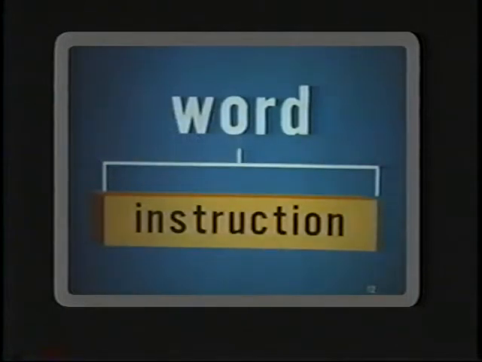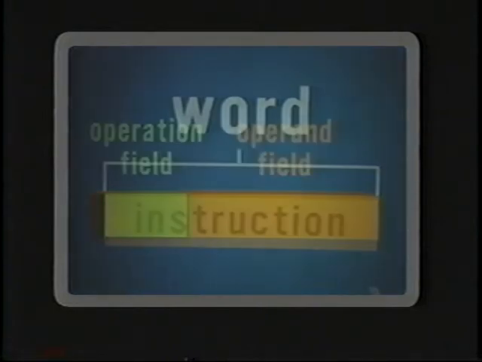Instruction formats generally conform to the computer word size. Thus, if our computer uses a 12-bit word, each instruction is also 12 bits in length. Most instruction words can be broken down into 2 major elements, or fields, an operation field and an operand field.